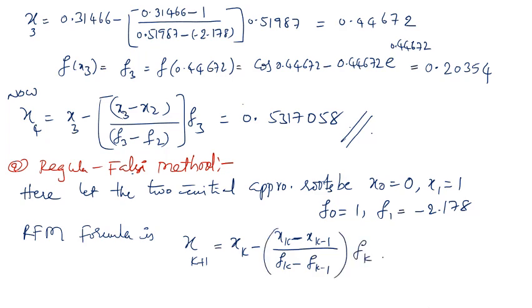See what is the change here. Now what is x2 value? x2 equals x1 minus (x1 minus x0) by (f1 minus f0) multiplied by f1. The first value is the same in the secant method and the regular false method.